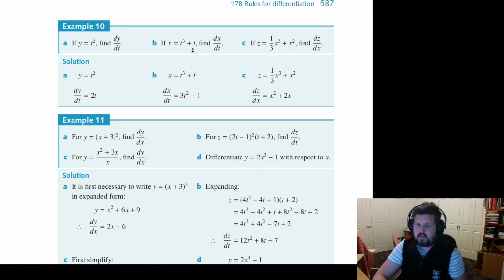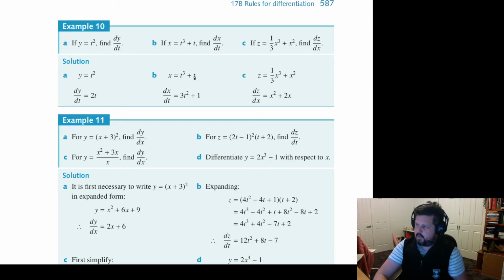Here, same difference. It's asking us to calculate the derivative of this here. And remember, we need to work out the derivative of each of these parts and sum them together. dx dt is equal to, the 3 comes down the front, gets multiplied by 1, so it's a 3. We take away 1 from the power, becomes 2. We've got t here by itself.